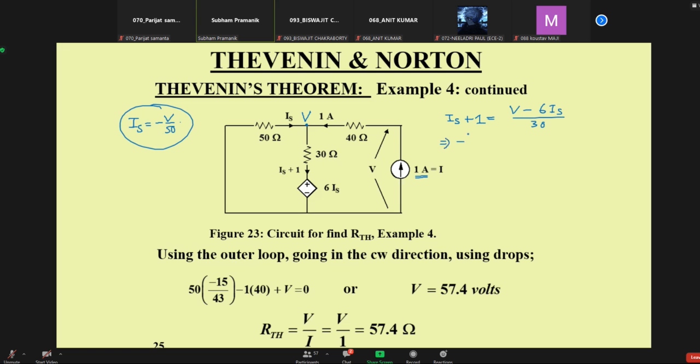Minus V by 50 plus 1 equals (V minus 6) by 30, so it becomes plus 6V by 50 by 30. Solve it. What you need is V by 1. So find this, and see whether you are getting the same thing or not.